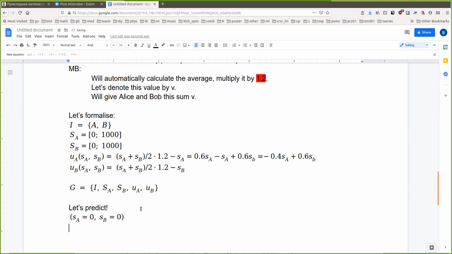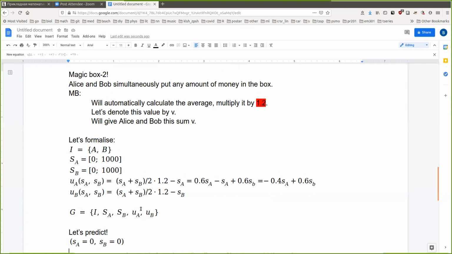And it seems strange at first because our magic box prints money. So honestly speaking, there is a possibility to make profit. If everyone puts 1,000 rubles in a box, then everyone will receive 1,200.